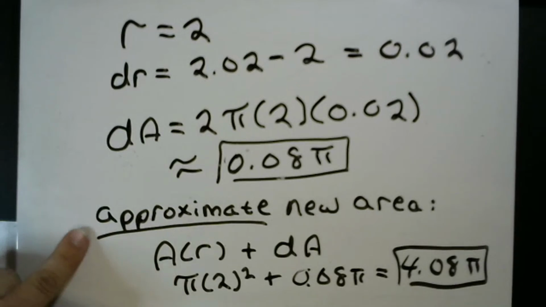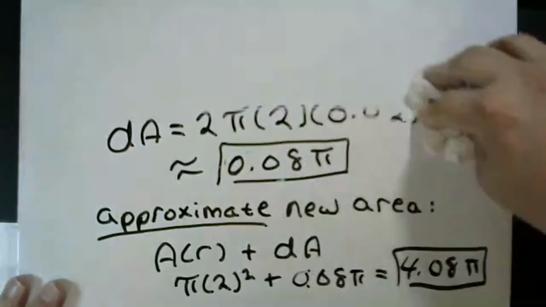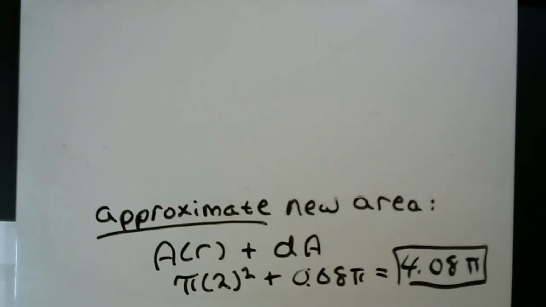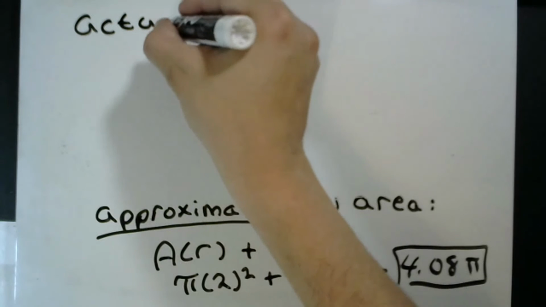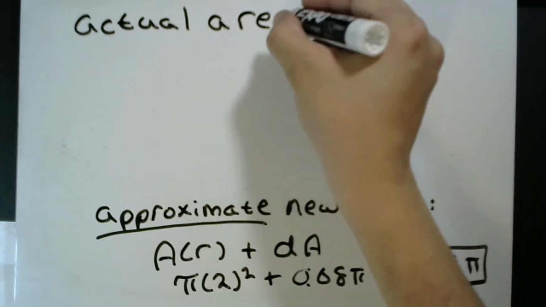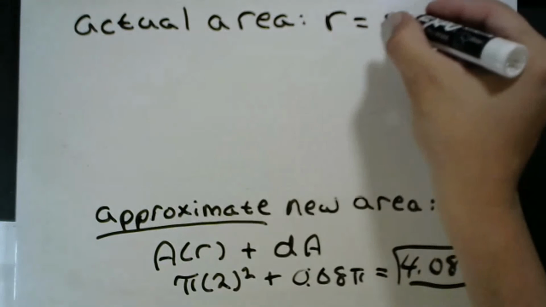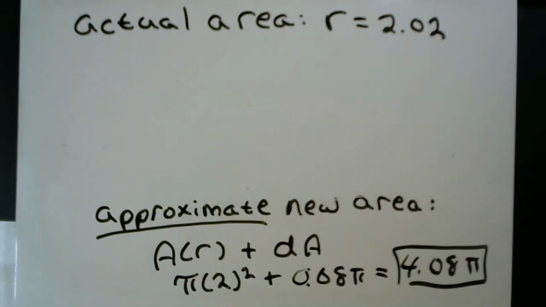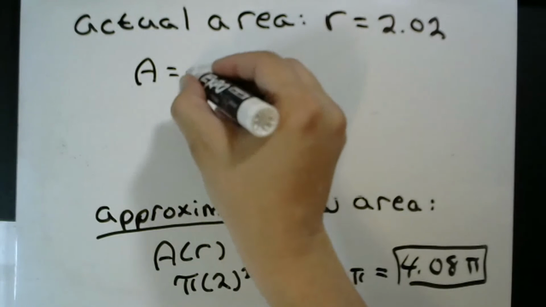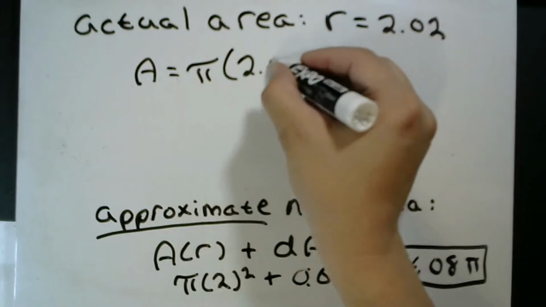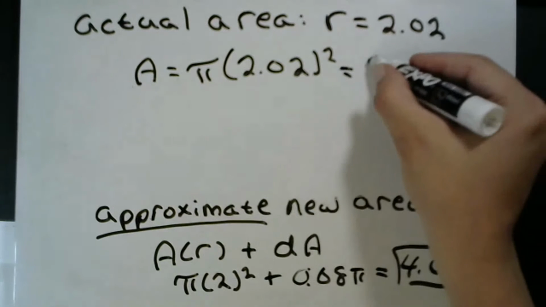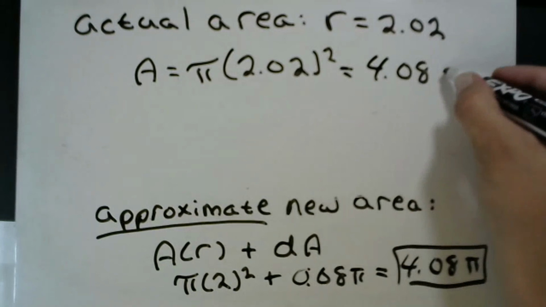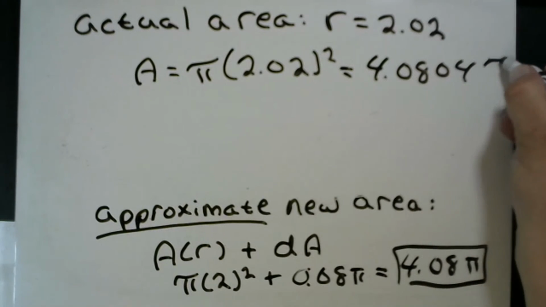So how well is this approximate new area? Well, let's calculate the actual new area. So granted, this might seem a little circular, but we just want to see how well our approximations are doing. Well, again, r is 2.02. So that means the area is pi times 2.02 squared, or approximately 4.0804 pi.